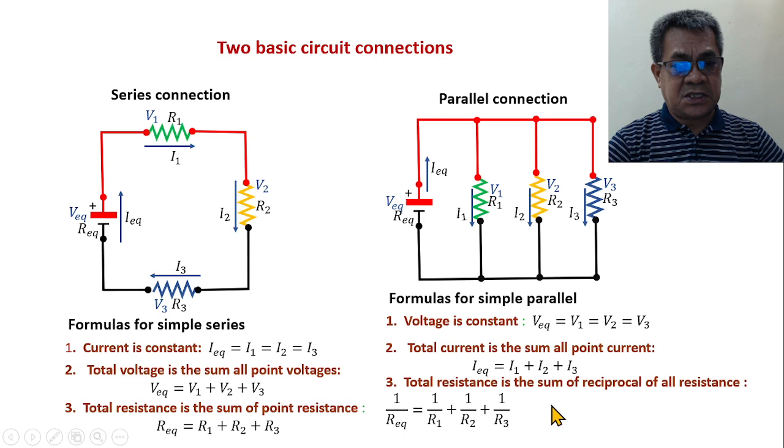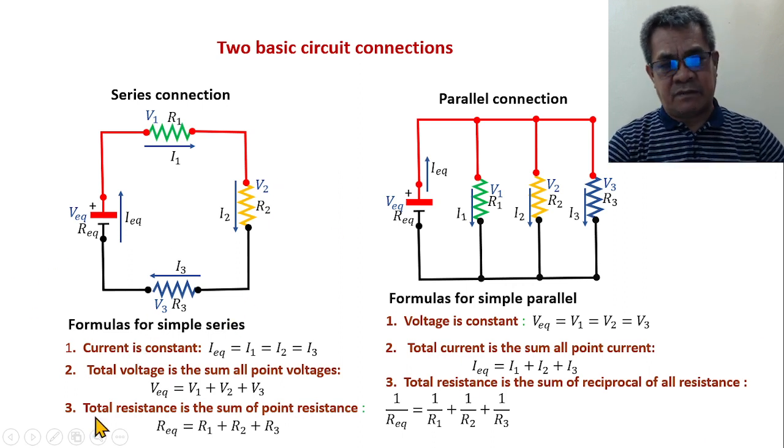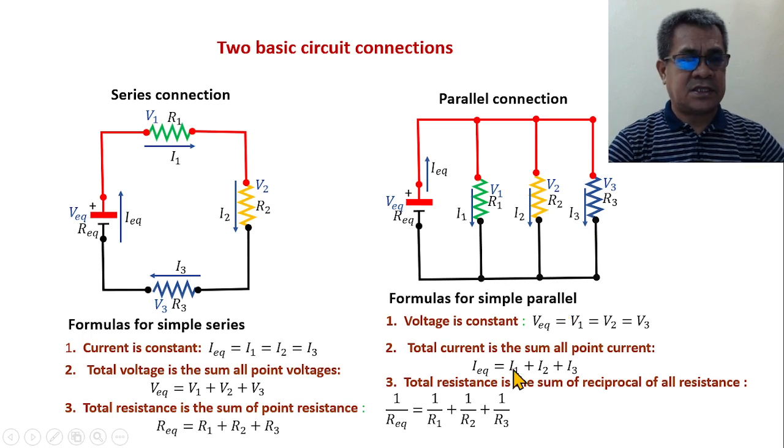So this is less resistance, while this one is high resistance for the series. Of course, we have the advantages in parallel. We have also advantages in series.